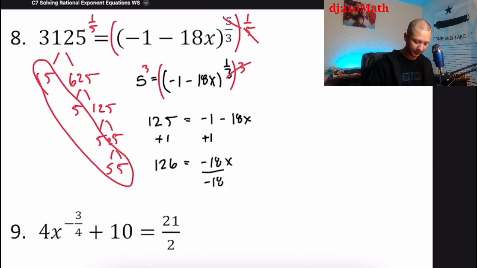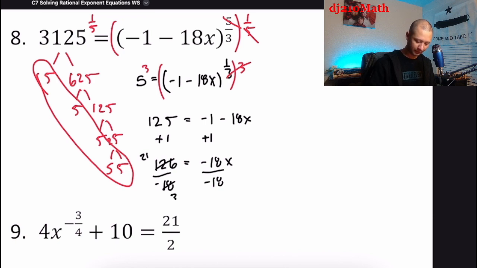Divide both sides by negative 18. All right, so is this even? It's going to be even. So 6 goes into the top number 21 times. 6 goes into the bottom number 3 times.